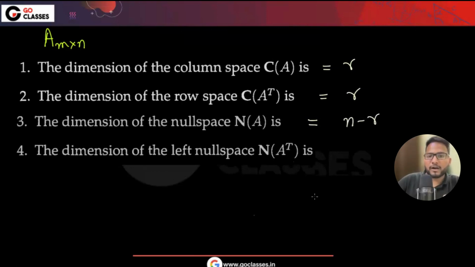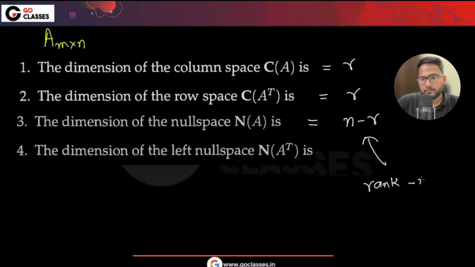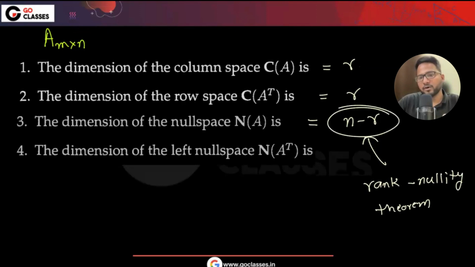Do you remember it? It says that the rank of A, which is R, plus the nullity of A, which is the null space dimension, should be the total number of columns. So the total number of columns minus the rank is the nullity, the dimension of the null space of A.